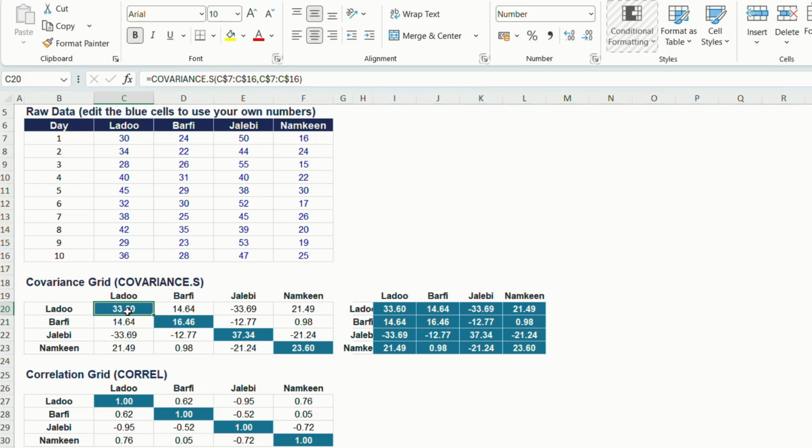Instead of running the formula four times manually, in the top left we can drag across and down, locking one reference as absolute and letting the other move, right? This is our COVARIANCE.S with C7. If we make one value absolute, the other value keeps on changing.